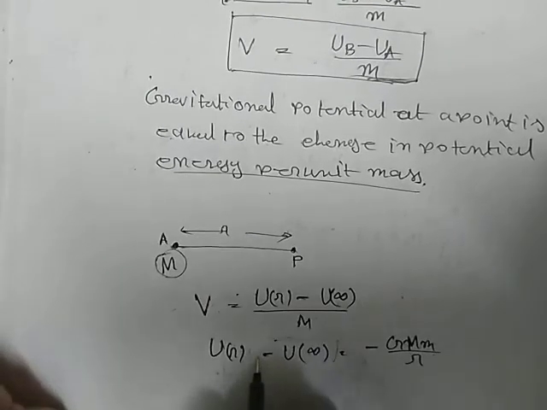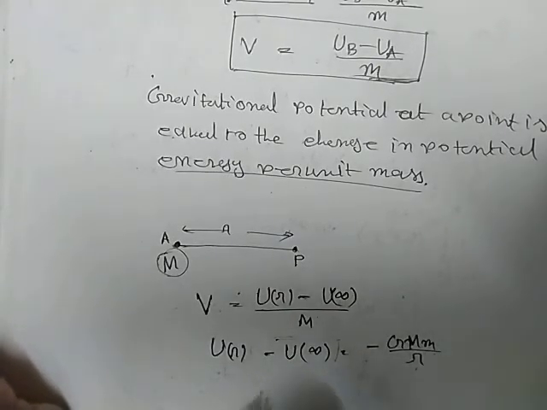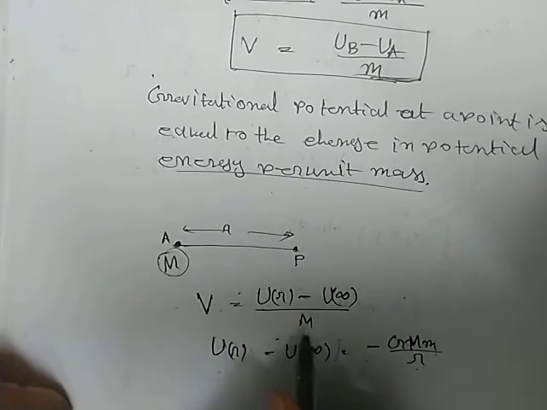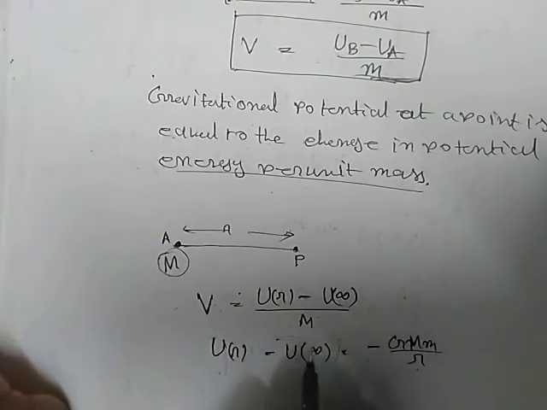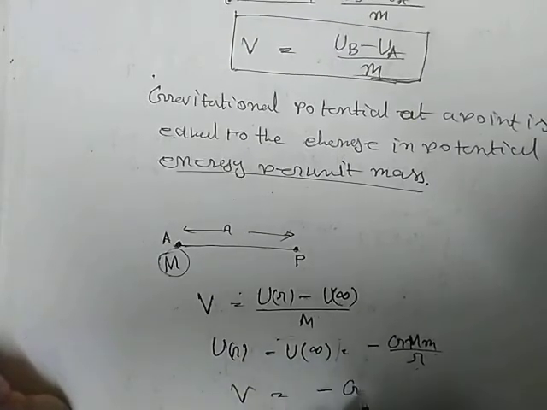So the difference in potential energy is minus GMm by r. And the gravitational potential is Ur minus U infinity by m. So what that gives us is V equal to minus GM by r.